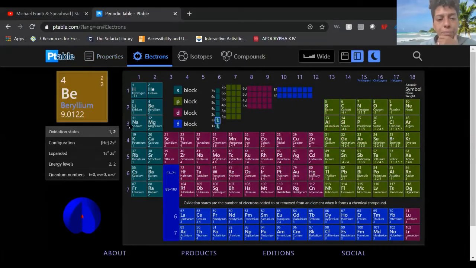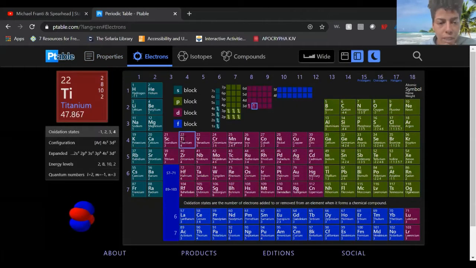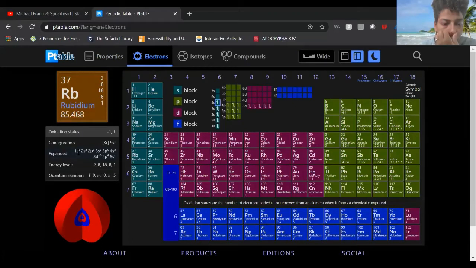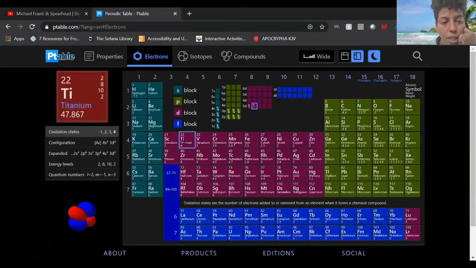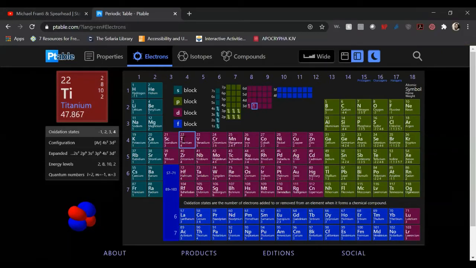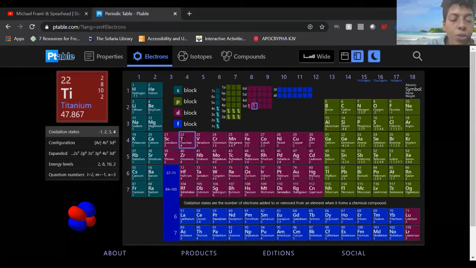If we look here, let's look at titanium. Notice that in the expanded view of our electron configuration, the highest energy level that's filled has a 4 in front of it. Our configuration is argon, 4s2, 3d2.